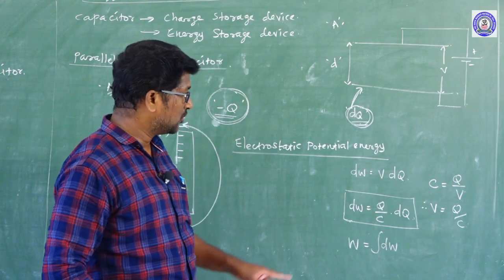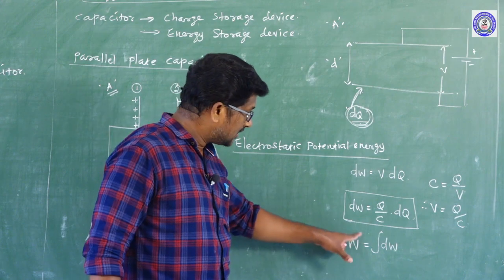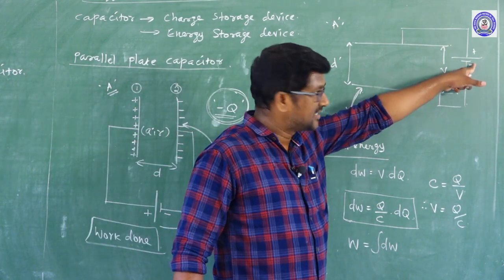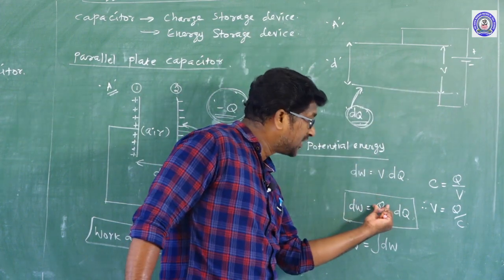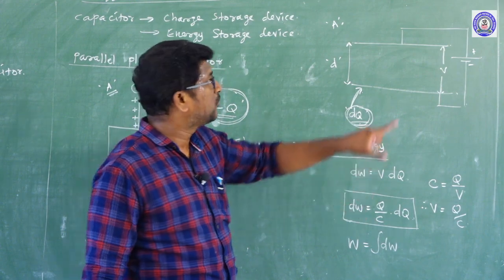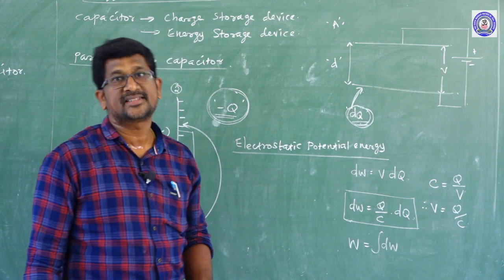The difference between W and dW is that W is the total amount of work done by the external agency to store the total electric charge Q, and dW is a small amount of work done by the external agency to store a small amount of electric charge dQ.